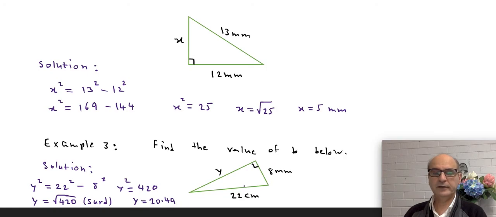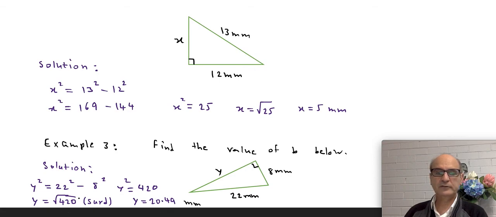What's the unit? Here, I should make the same unit for both of them. First, I got to get rid of this. That meant to be millimeter. Now, because both of them are in millimeter, the answer will be in millimeter. And the answer is, as I said, to 2 decimal places.